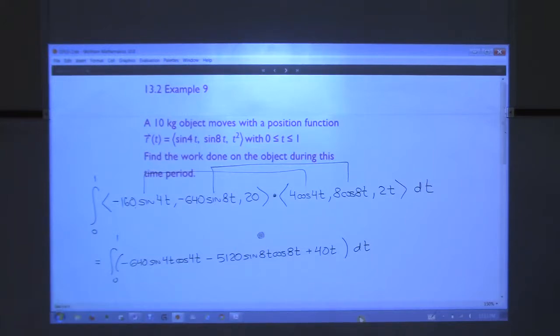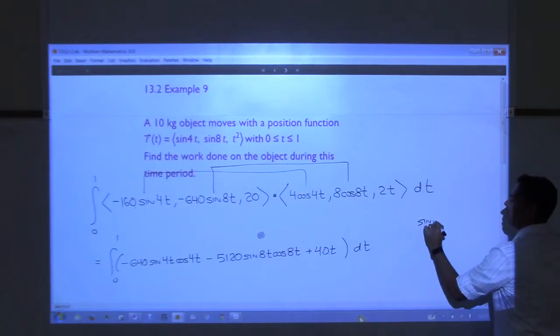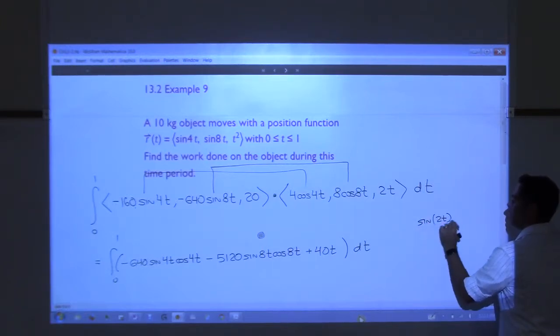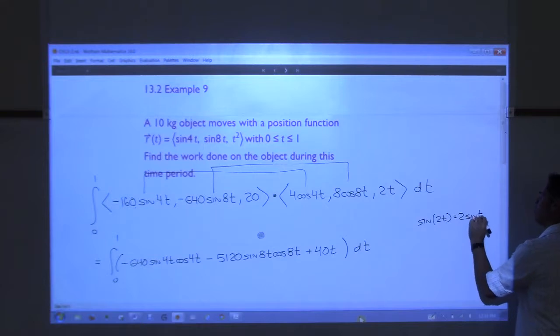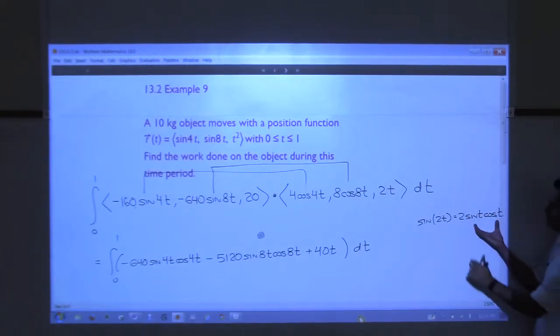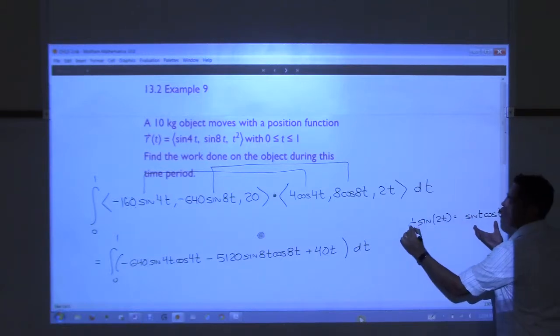I kind of like the identity idea at this point, using the identity that sine of 2t is equal to 2 sine t cosine t. I can actually use this identity in reverse if I just halve this.